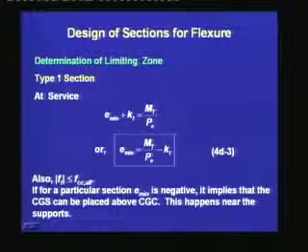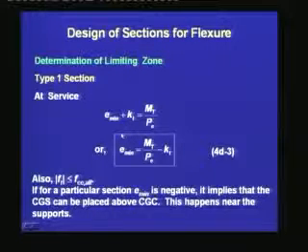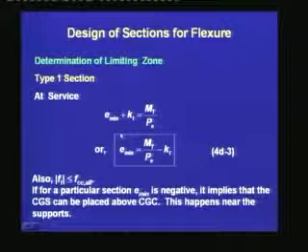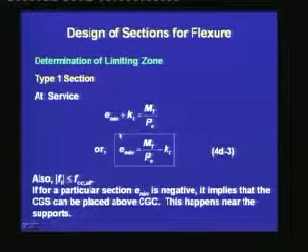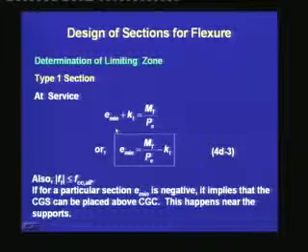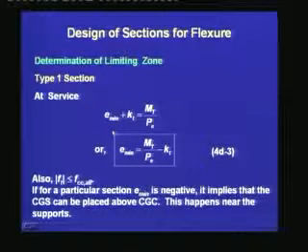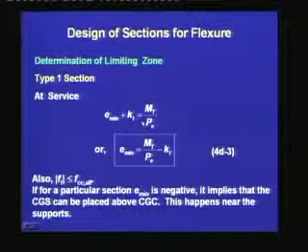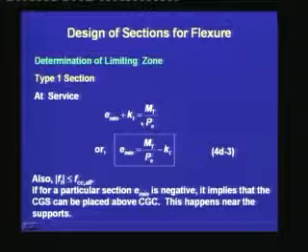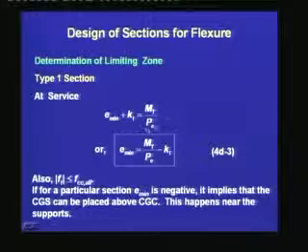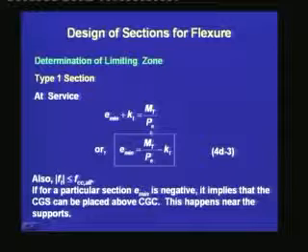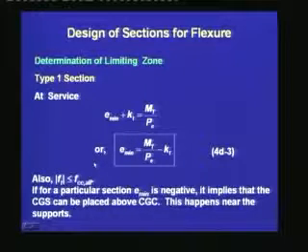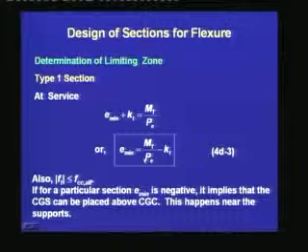If we equate the total lever arm, which is the eccentricity of the CGS plus the eccentricity of the CGC, that is equal to E min plus KT, which is equal to the total moment MT divided by the value of C at service, which is equal to PE. Thus, E min is equal to MT divided by PE minus KT.